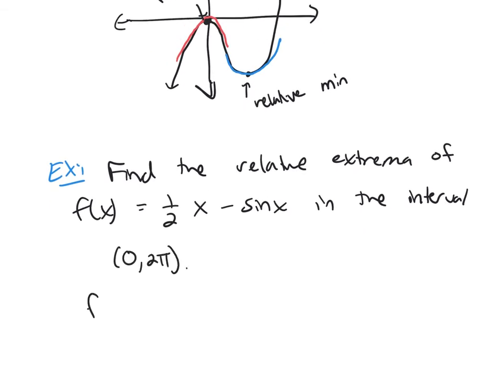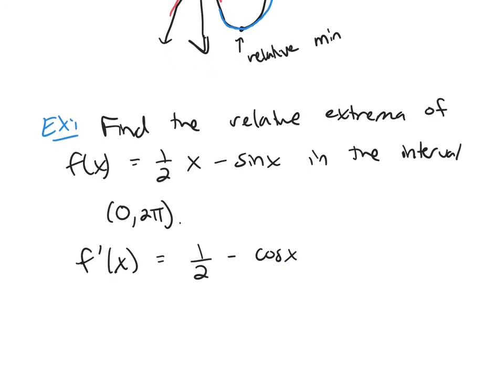So the first thing I'm going to do is find my derivative. 1/2 minus cosine x, and we're going to find our critical numbers.